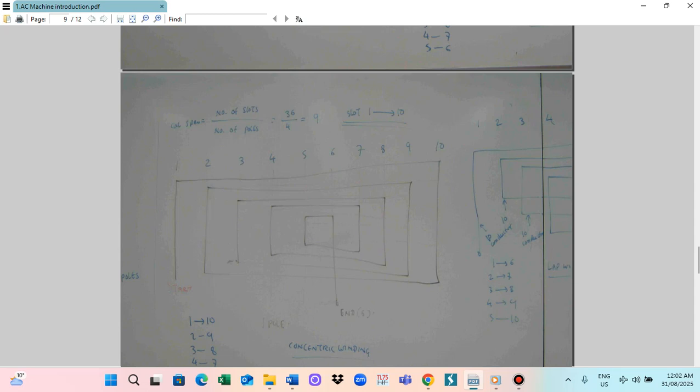And also coming here, 2 to 9, and coming back, 3 to 8, 4 to 7. This is the start.